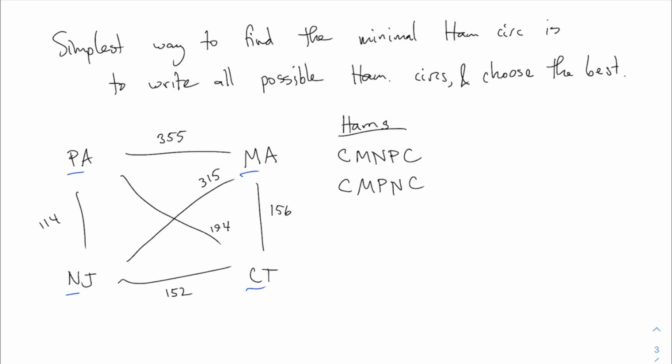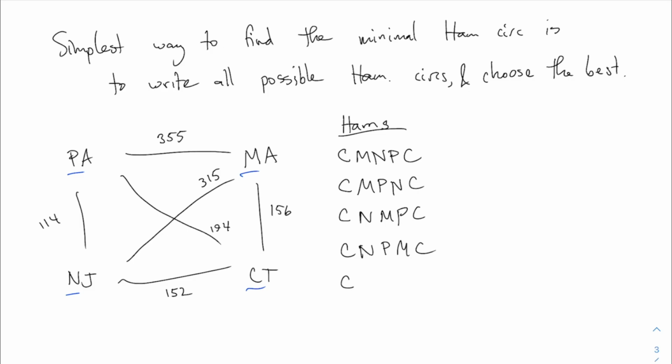I'm always going to write the C first and last because I start at my house and I finish at my house, which is in Connecticut. But then the other three, they could be in any order. So I could put the M first in two different ways. I could also put the N first in two different ways. So I could go CNMPC or I could go CNPMC. All right? And then there are two more in which I could put the P in the second position.